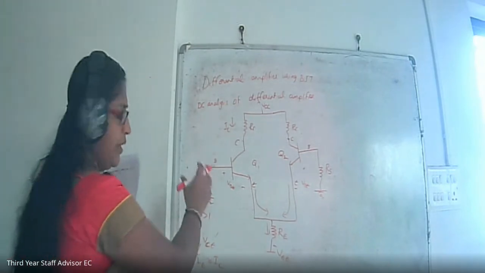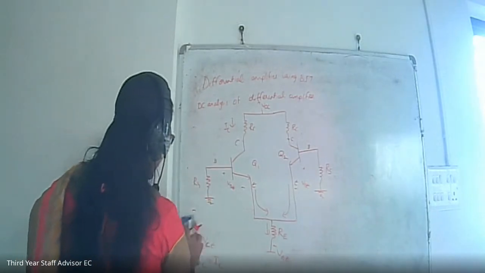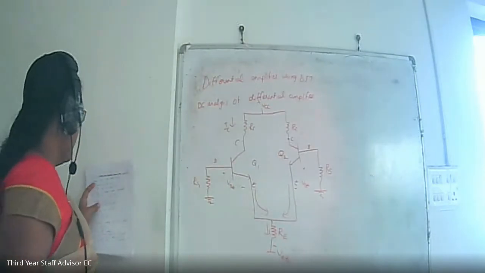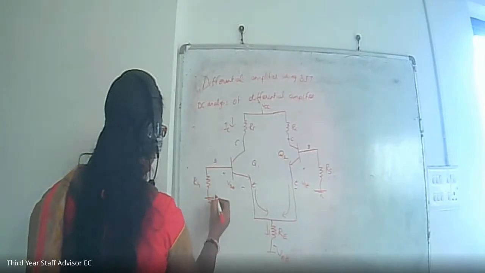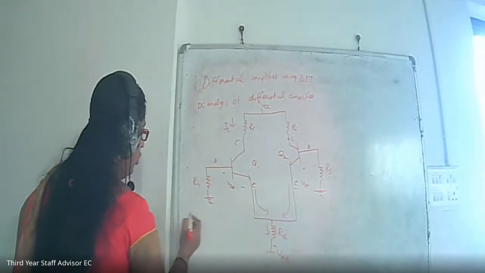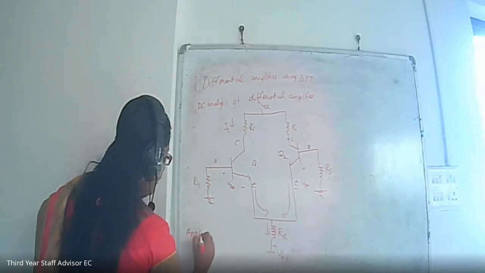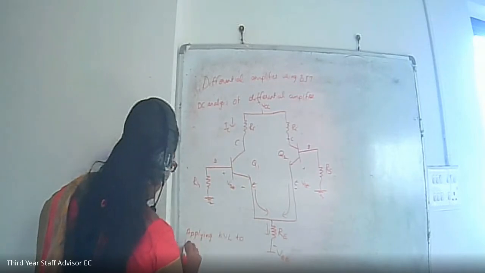I have to keep this circuit diagram here, then only I can write the equations by applying KVL. So next, we are applying KVL to the base emitter loop.